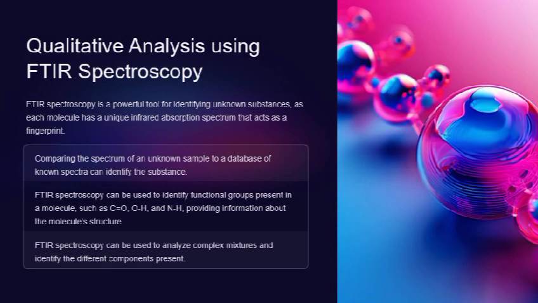FTIR spectroscopy can be used to identify functional groups present in a molecule, such as carbonyl, hydroxyl, and amino groups, providing information about the molecule's structure. It can also be used to analyze complex mixtures and identify the different components present.